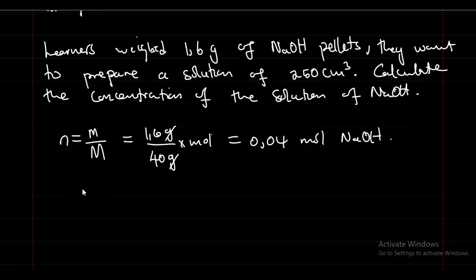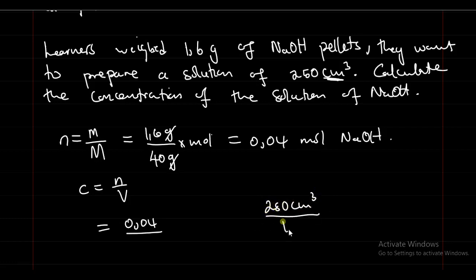Okay, so now the original question says that they wanted concentration, so concentration is moles per volume. So on number of moles we have 0.04 divided by the volume. The volume is 250 cubic centimeters. It must be in decimeter cube, so we must convert it. How do we convert?